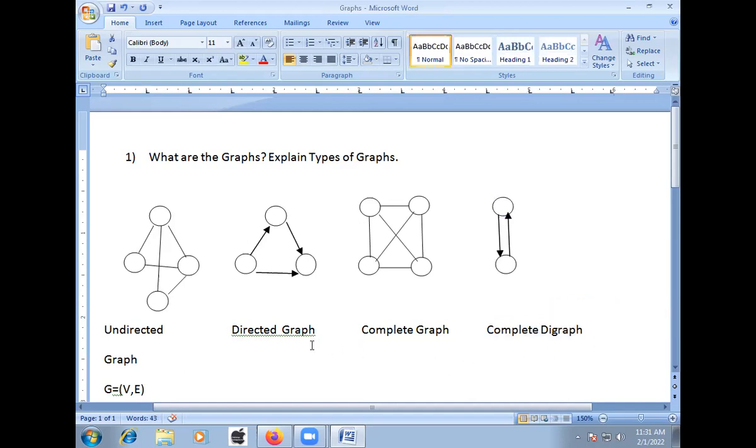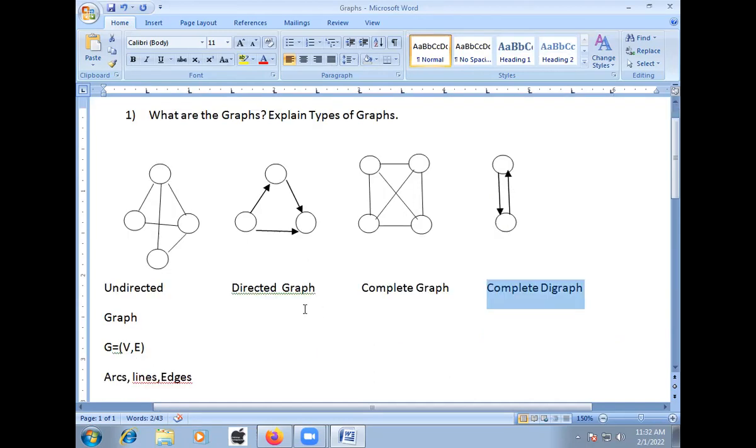This is a complete graph, and this is a complete digraph. What is the difference between them? In this one, each and every node is connected to another node, but orientation, meaning the specific direction, cannot be represented. But here, each and every node is connected to another node and the direction is specifically represented. That is a complete digraph.